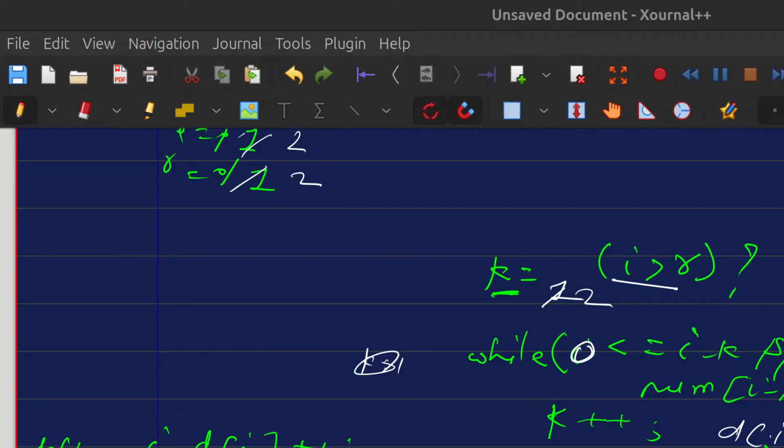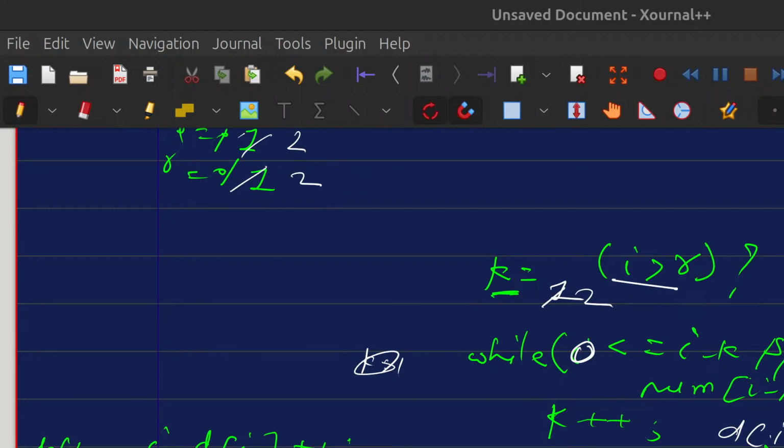For int I is equal to 0, I less than n, I plus plus. Integer k: if I is greater than r, then we provide 0, else minimum of d2 of l plus r minus I plus 1, from r minus I plus 1, like this.